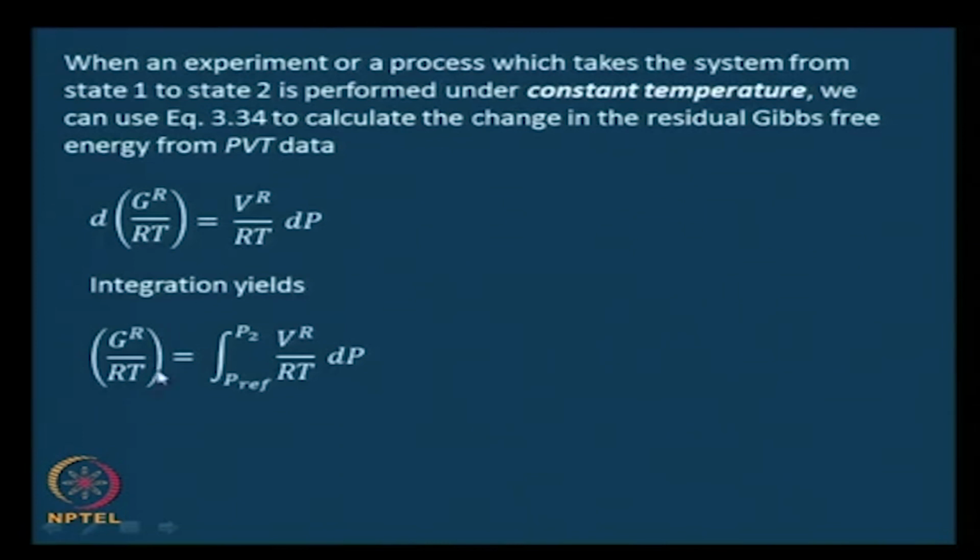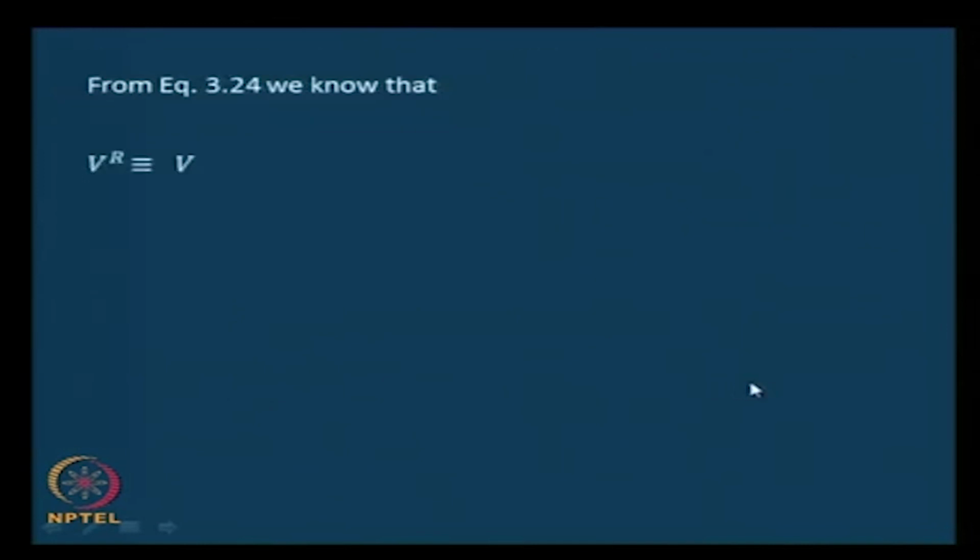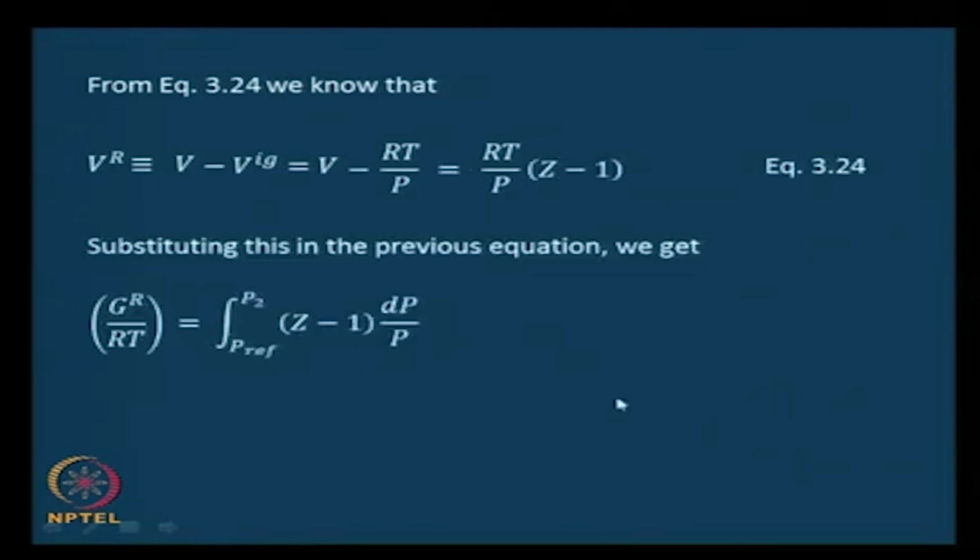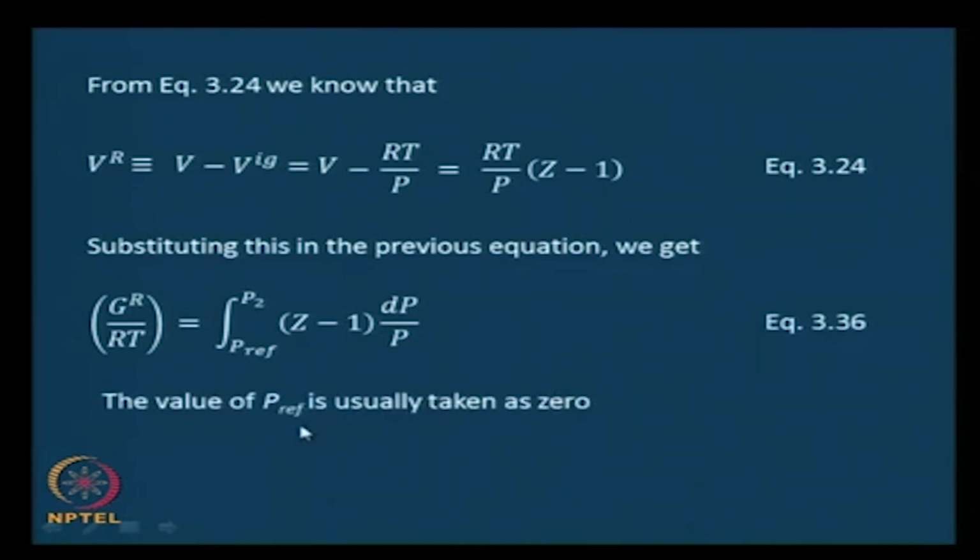Gr by RT is in terms of Vr by RT dP, this is good, but we wanted an easier way of estimating that, therefore we wrote it in terms of Z. Gr by RT equals integral of P reference to P of Z minus 1 dP by P. This makes it easily evaluatable, and we said that the value of P reference is usually taken as 0.